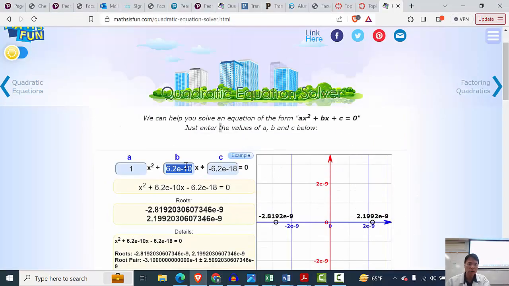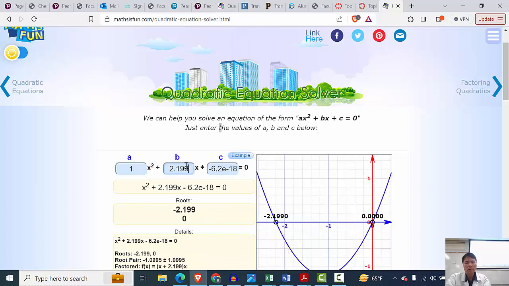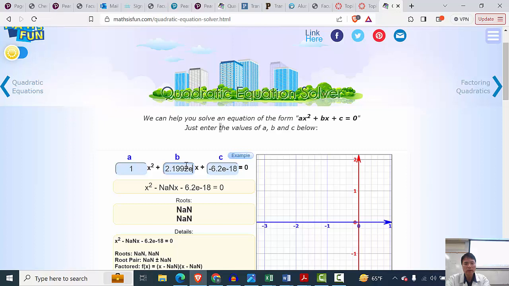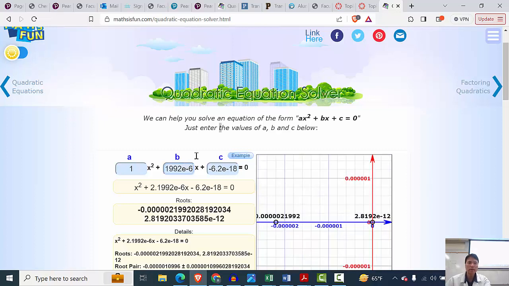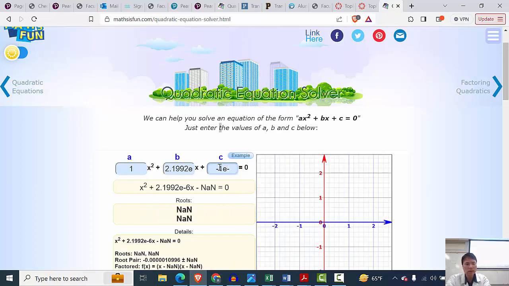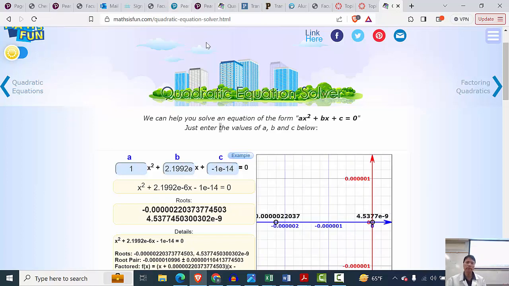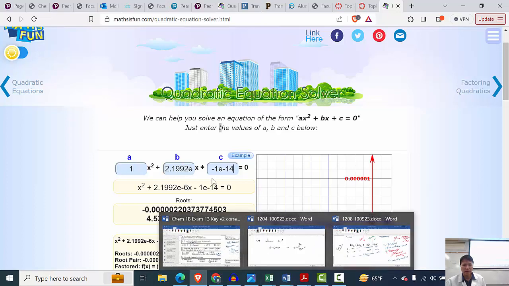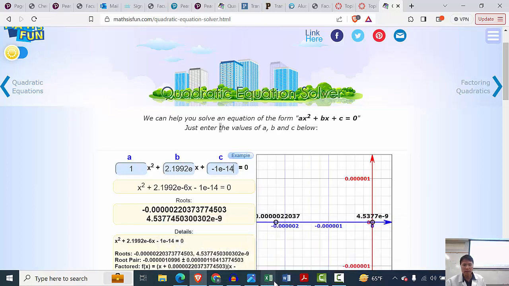2.1992 times 10 to the minus 6, and then minus 1 times 10 to the negative 14 gives us 5377 times 10 to the minus 9.